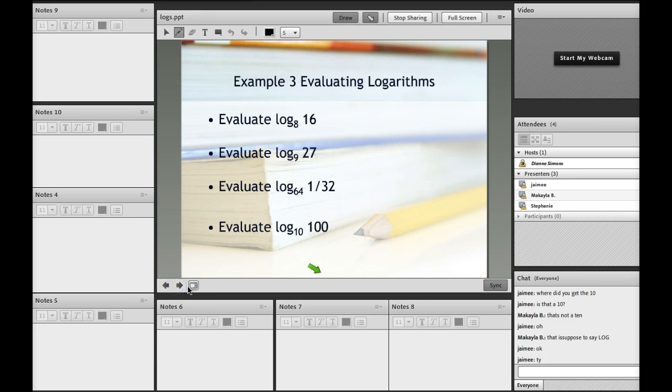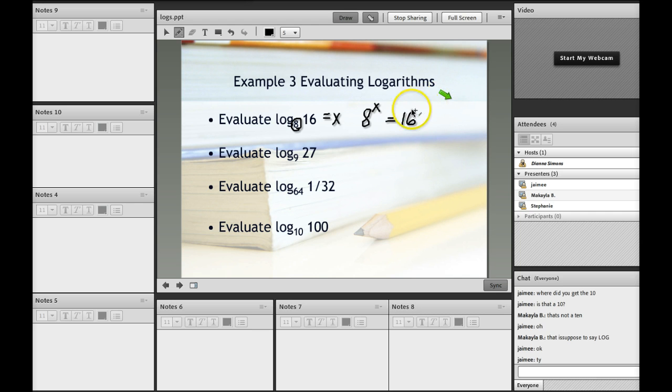All right? Okay. So what we want to do here is we want to try to solve this. Okay? So what did you remember from a couple slides ago? This is our base, right? So it's going to be 8 raised to the x power is equal to 16.